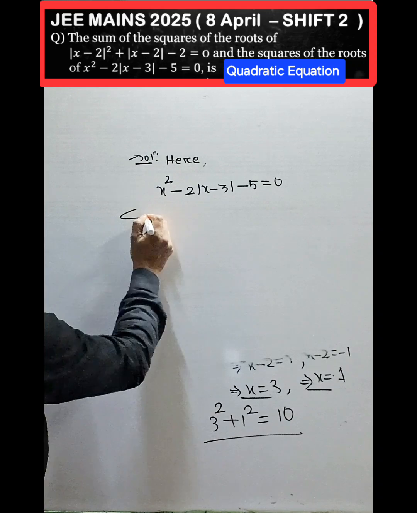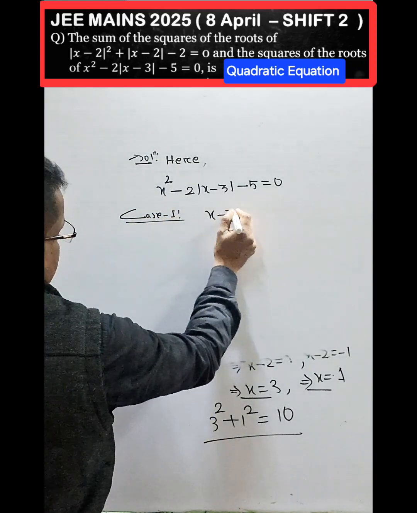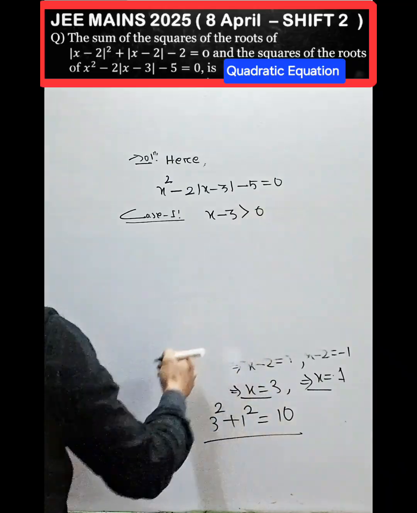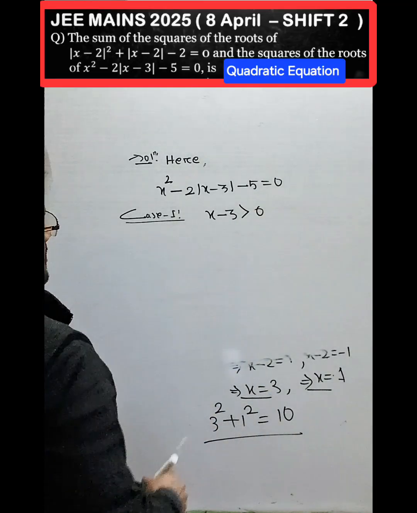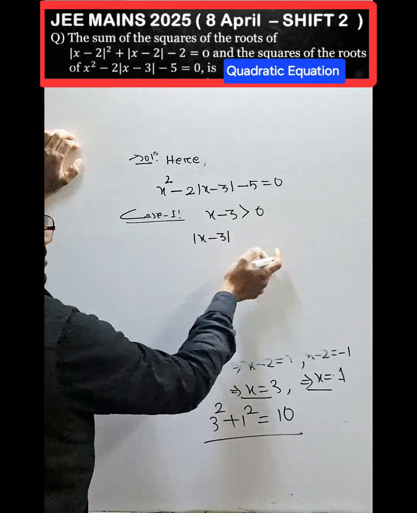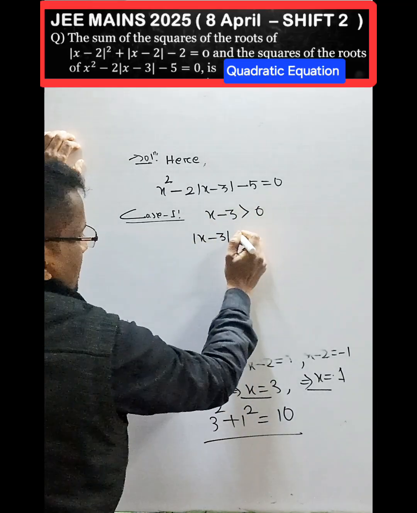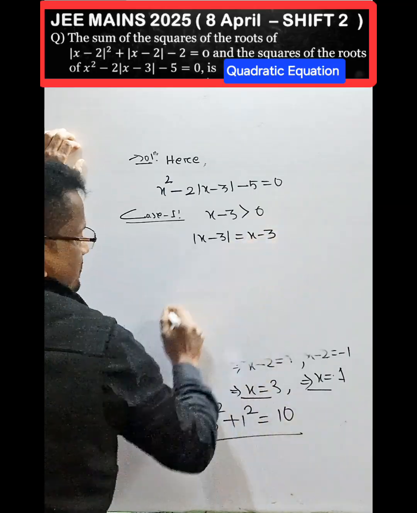Case 1. When x minus 3 is greater than or equal to 0, in that case modulus of x minus 3 is directly x minus 3.